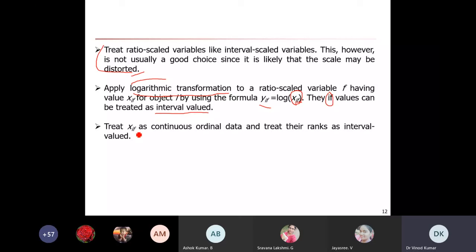Third, treat xif as continuous ordinal data, and treat their ranks as interval values. So you can handle this type of data like this.